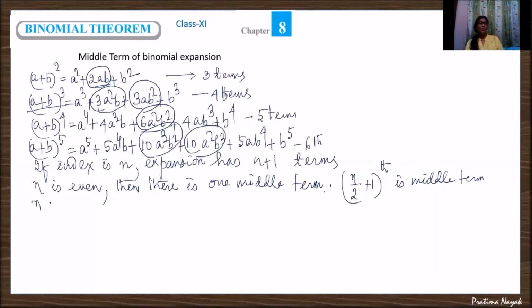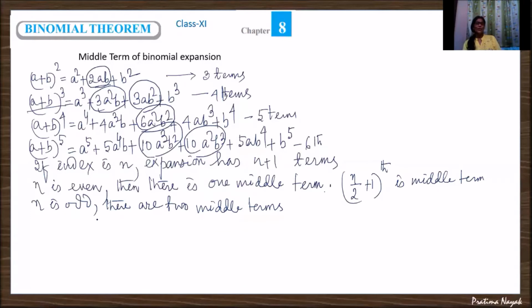When n is odd, there are 2 middle terms. So what will be the formula for it? For power 3, it will be the second and third. For the fifth, it will be the third and fourth.